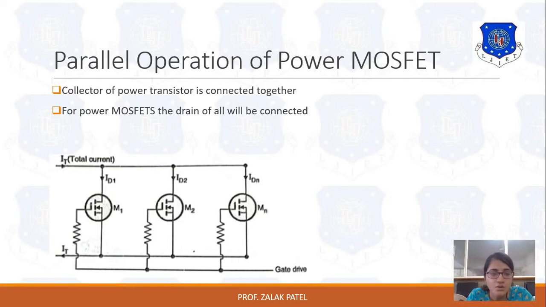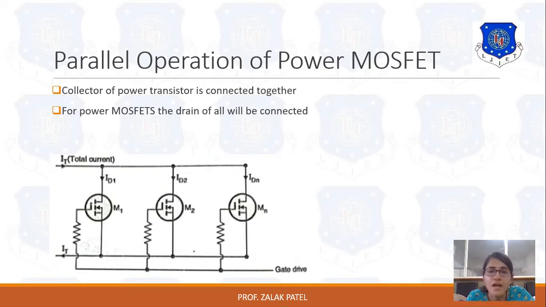Even with all the precautions taken for this parallel connection of power MOSFET, there is a possibility of current imbalance in the circuit, meaning it is not completely balanced whether or not we take precautions.